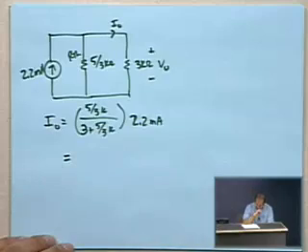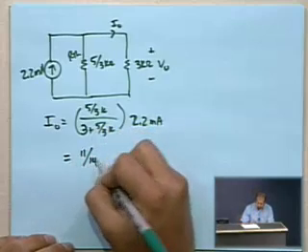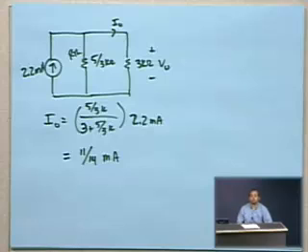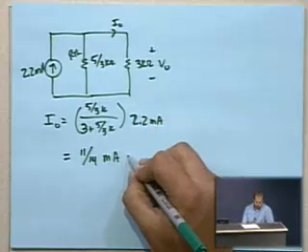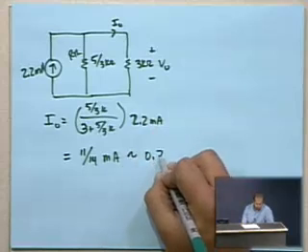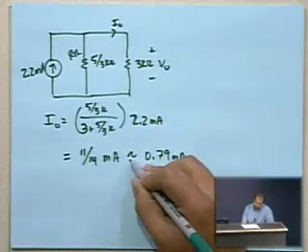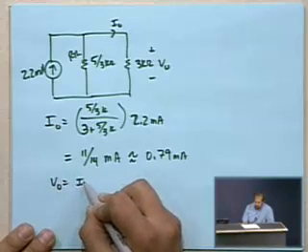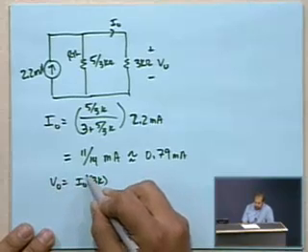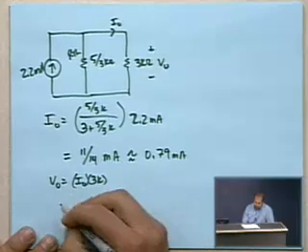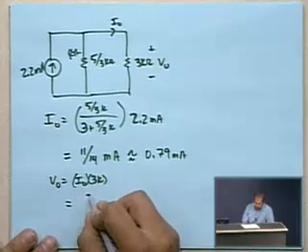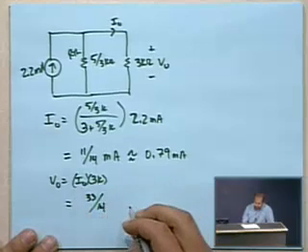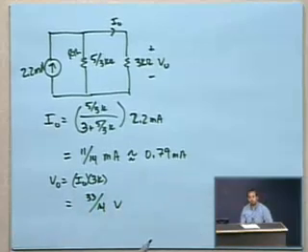What my calculator says is that you get 11/14 of a milliamp, which is somewhere in the neighborhood of 0.79 milliamps, something like that. And then the voltage V0 will equal I0 times the 3K of resistance, which I guess gives you 33/14 volts, whatever kind of ridiculous number that is.